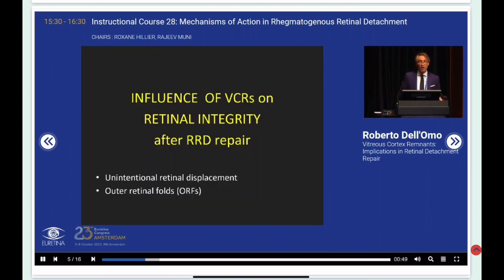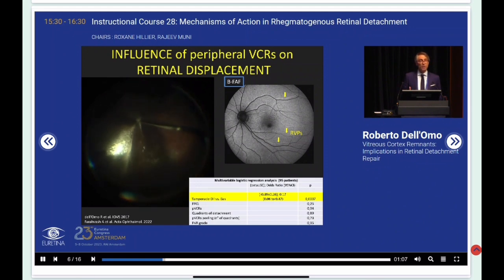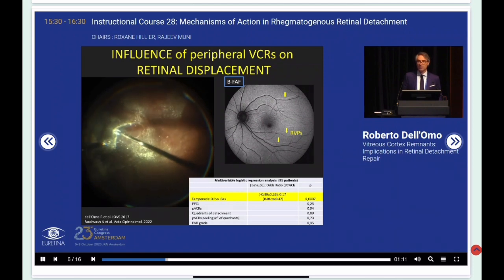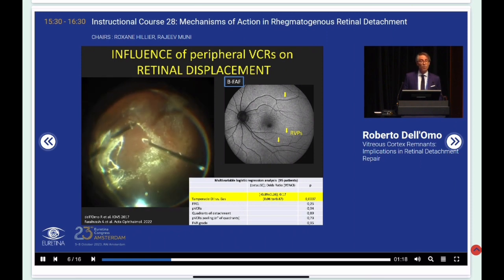In this lecture, I would like to focus on the potential influence of VCR on retinal integrity, focusing on two main aspects, the unintentional retinal displacement and the formation of outer retinal folds. Regarding the retinal displacement, we thought that removal of peripheral VCR could impact on the displacement because removing the VCR, we can make the retina more mobile.